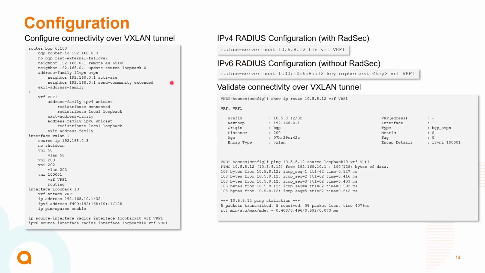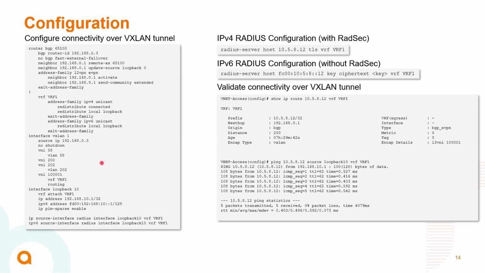So what the configuration looks like: first we have to configure connectivity over the VXLAN tunnel. So we need to make sure we have our BGP configured and that we have the appropriate neighbors and EVPN neighbors set up with BGP. Make sure we have our appropriate VRF configured with BGP, how we're going to advertise out routes. In our case here, we're using a loopback address to advertise out.